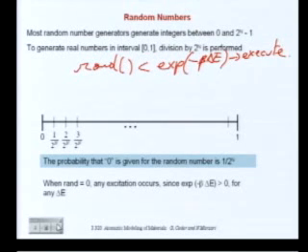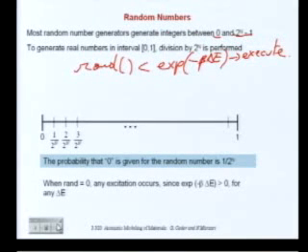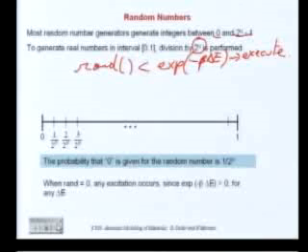But the way random numbers are typically made in a lot of computers is that you don't generate reals, you generate integers, typically between 0 and some largest integer, 2^n minus 1, depending on the type of random number generator. And then you divide that by 2^n to get the real between 0 and 1. But what that means is that you really have a set of discrete random numbers, starting from 0, 1 over 2^n, 2 over 2^n.